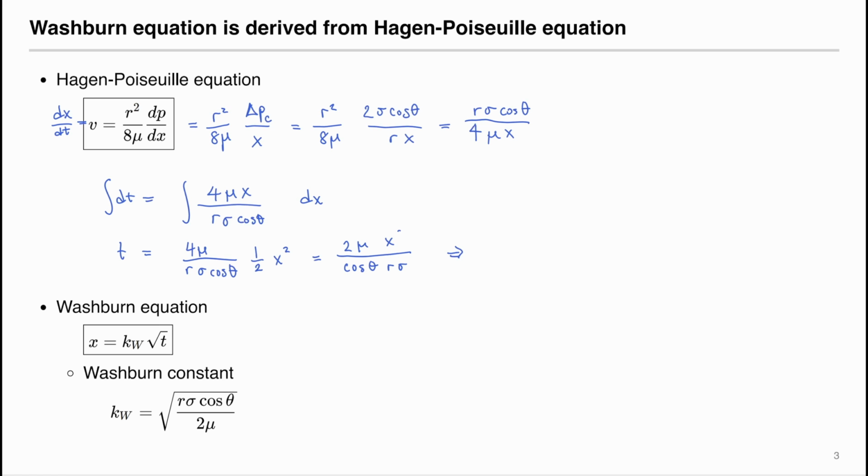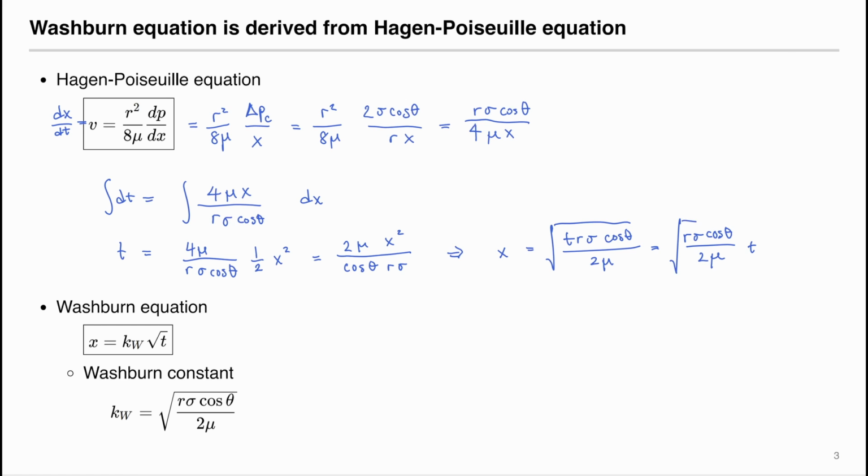If we write it in terms of x, we have x squared at the top. x squared equals R sigma cosine theta divided by 2 mu times t. Take the square root of both sides, and we can write x equals the square root of R sigma cosine theta divided by 2 mu times t.